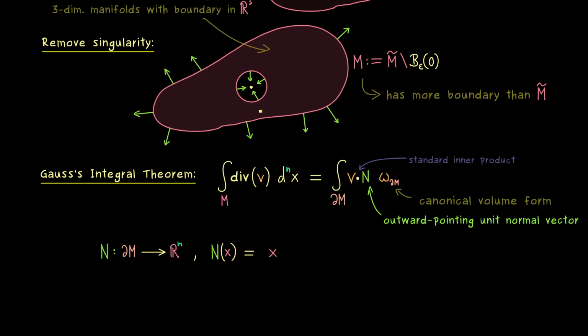However, obviously it points in the opposite direction, so we have a minus x for the direction of n of x. And we also have to normalize it to get a unit vector, so we have to divide by the length of x. And there we know it lies on the boundary of the epsilon ball, so we know the length is given by epsilon itself. And that's it. This is the outward pointing unit normal vector for this part of the boundary.